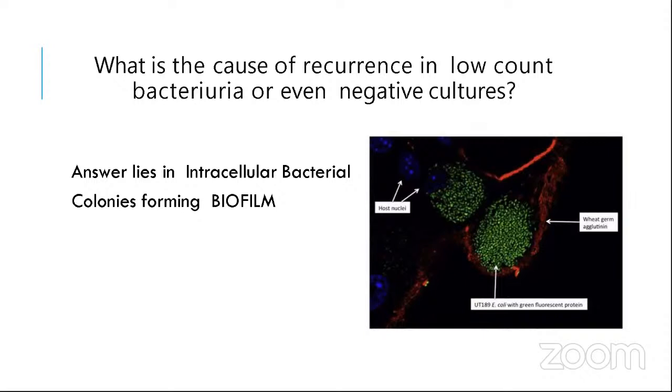This condition has been explained: colonies are formed inside the cells, that is, intracellular bacterial colonies called biofilm. So the bacteria are not detected by culture. It's a biofilm, a pathological condition, that is why a negative culture may come.